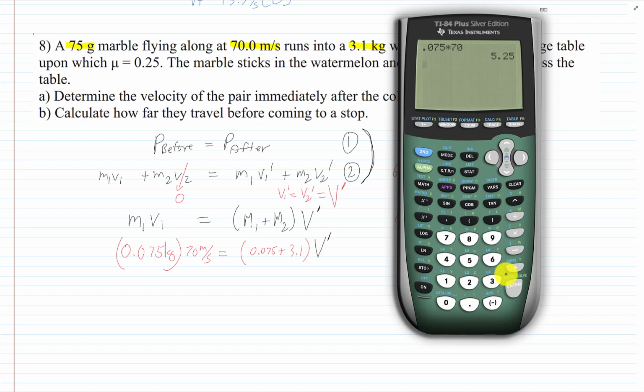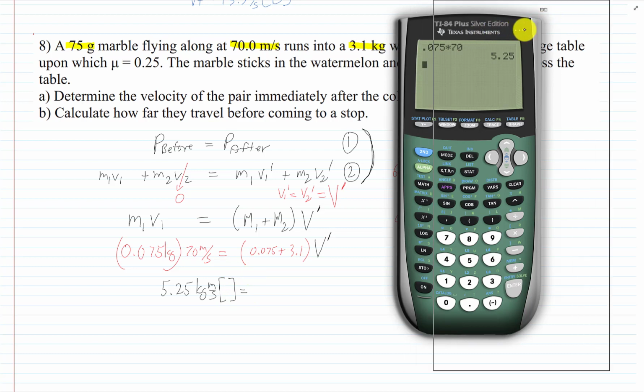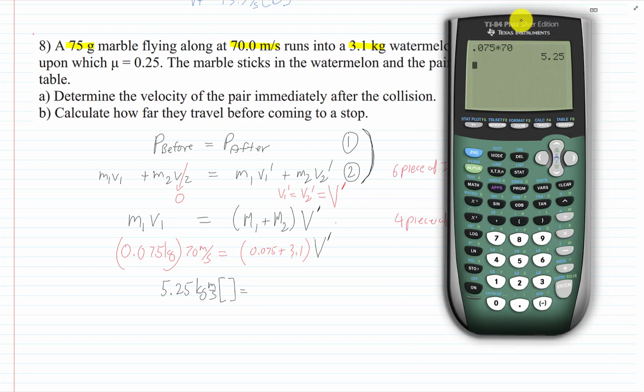So the total momentum of the marble is 5.25 kilograms meters per second. We should probably figure out a direction there, but I'll just leave that blank. It's probably to the right or to the left or forward. Now the mass is going to be 3.1 plus 0.075.